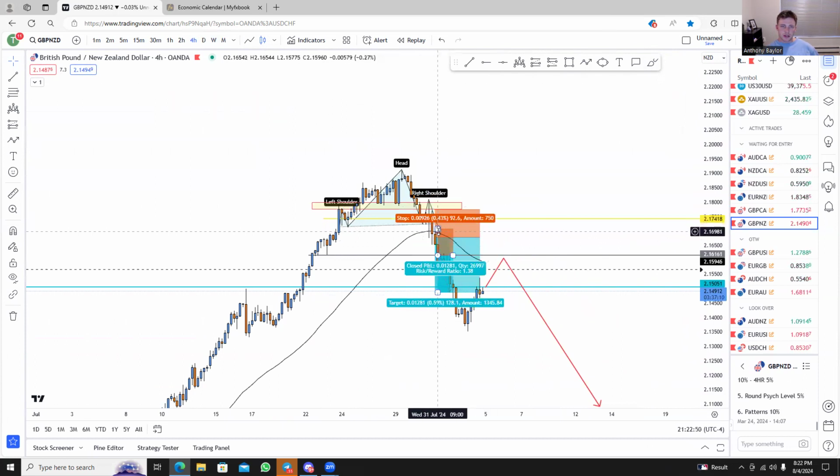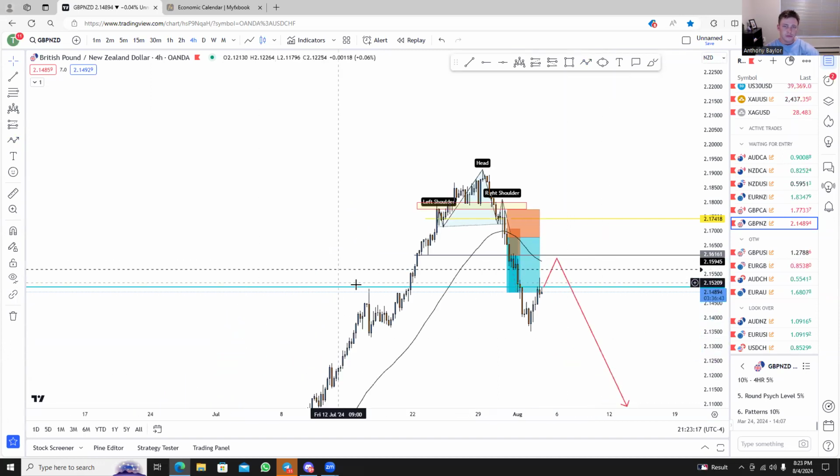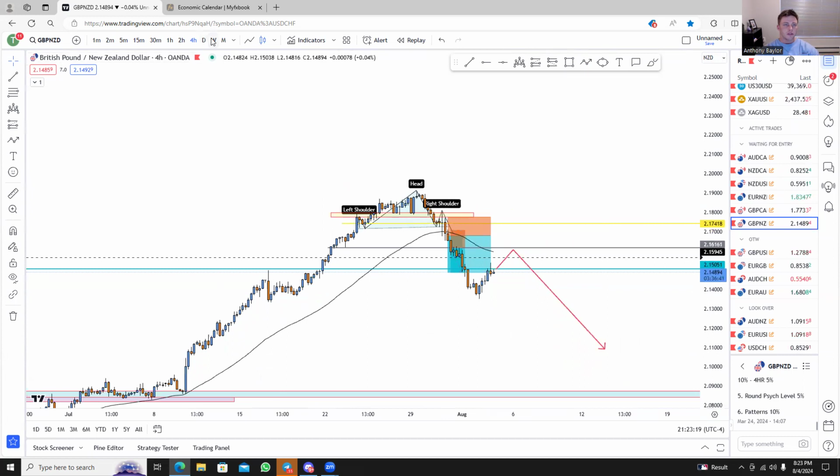We caught that trade last week, took her to the downside. Now we're waiting for her to come back, retest this 4-hour area. There's a round psychological number right on the 4-hour EMA. It would be cool if it comes back, shifts, and then heads to the downside. That's what we're looking for on that.